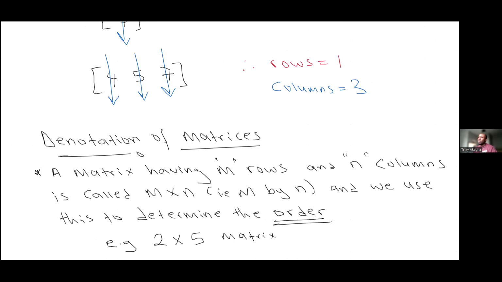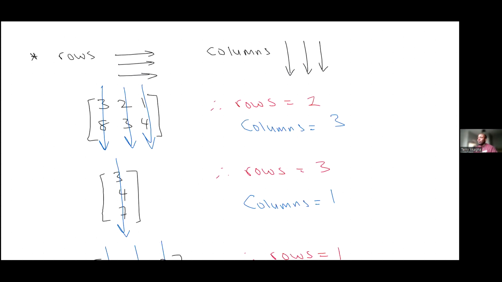For the first matrix, the number of rows here is 2 and the number of columns is 3, so this is going to be a 2 by 3 matrix. So when I write 2 by 3, anybody will understand that the matrix I'm talking about has 2 rows and 3 columns.